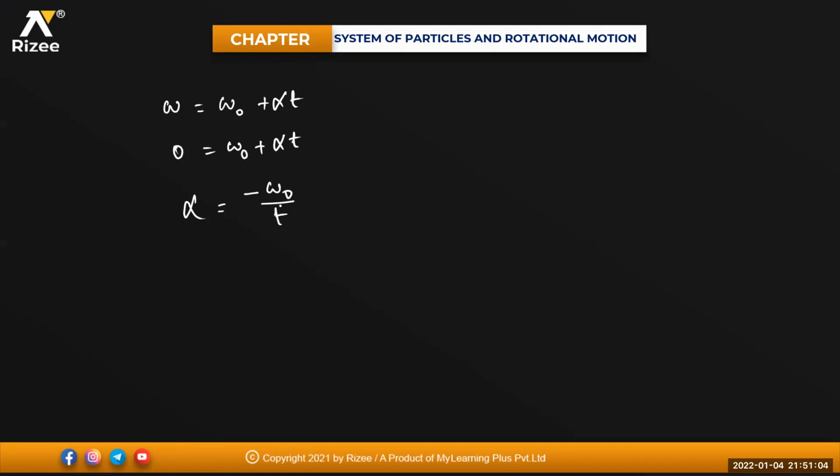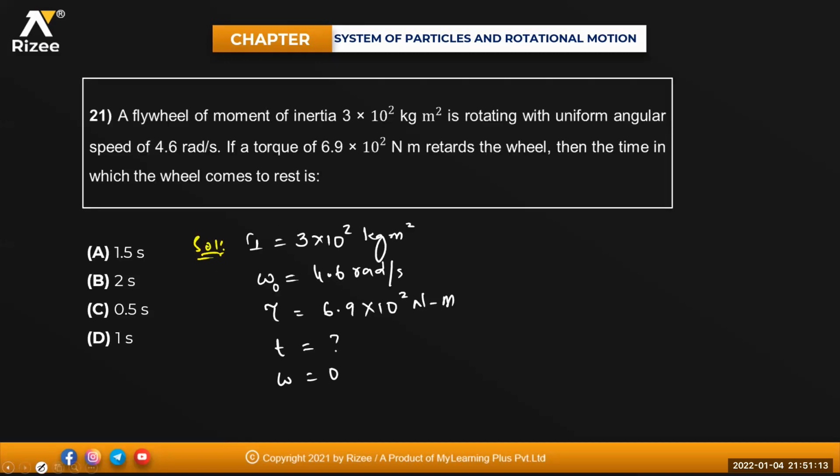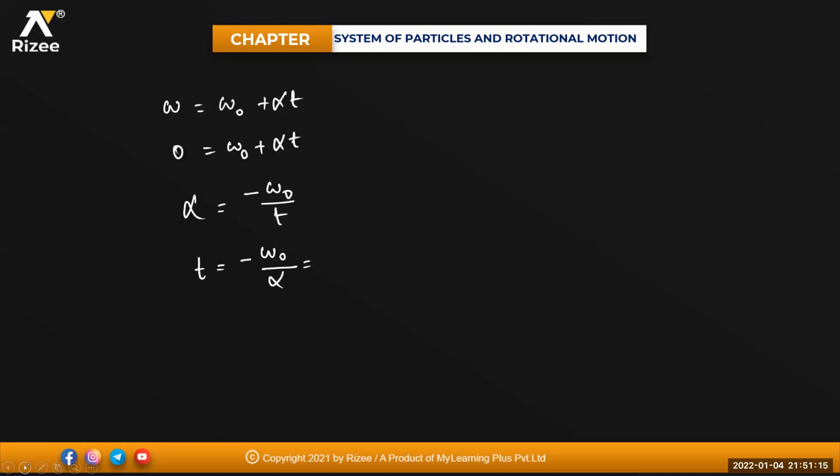That means t value we need now. So t is equals to minus of omega naught divided by alpha. That is omega naught is given how much? 4.6. So this one is minus of 4.6 divided by alpha. What we need? Time only, no? Alpha. That means this is your t.